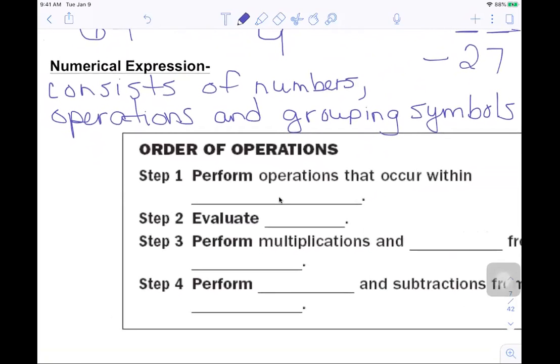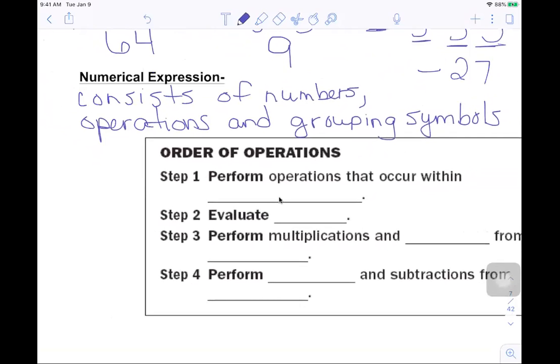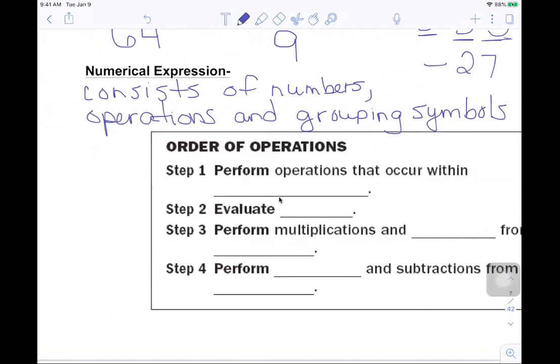So we're talking about order of operations, and order of operations uses the word PEMDAS, which I think you have heard many times. Does anybody remember what the P stands for in PEMDAS? Parentheses. Yeah, perfect, parentheses.